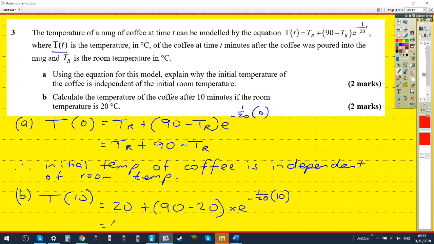I got 62.5 degrees Celsius, and an exact value would be with e to the minus a half. But obviously that's not very helpful. In this case you'd want something like 62.5 degrees.